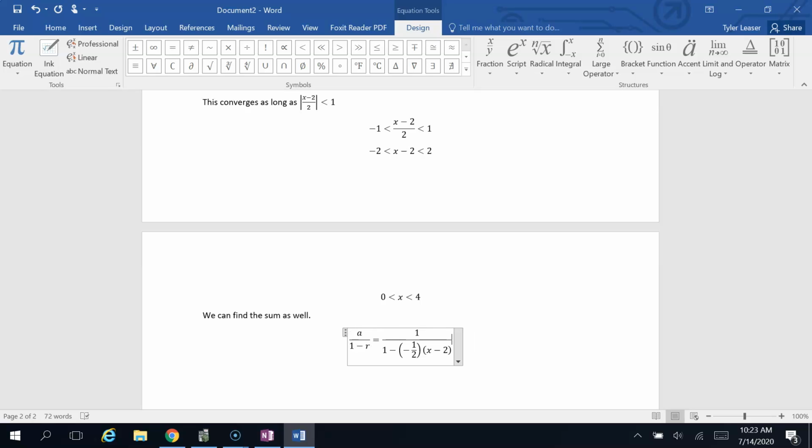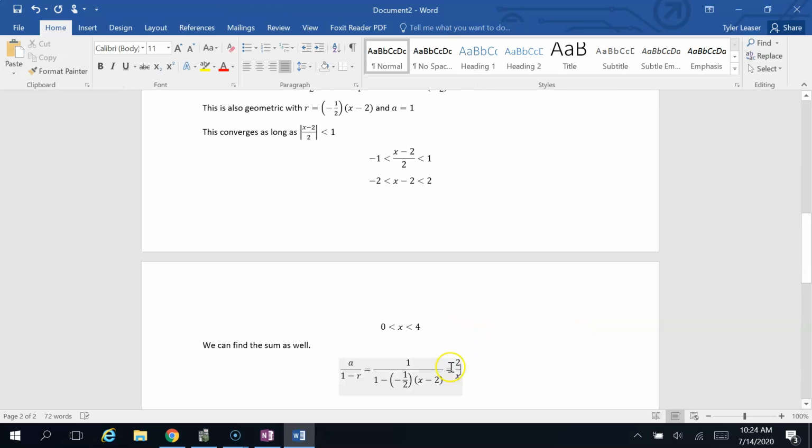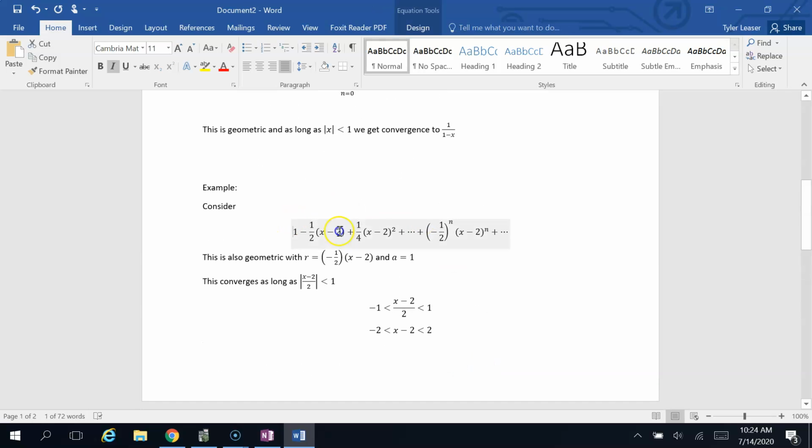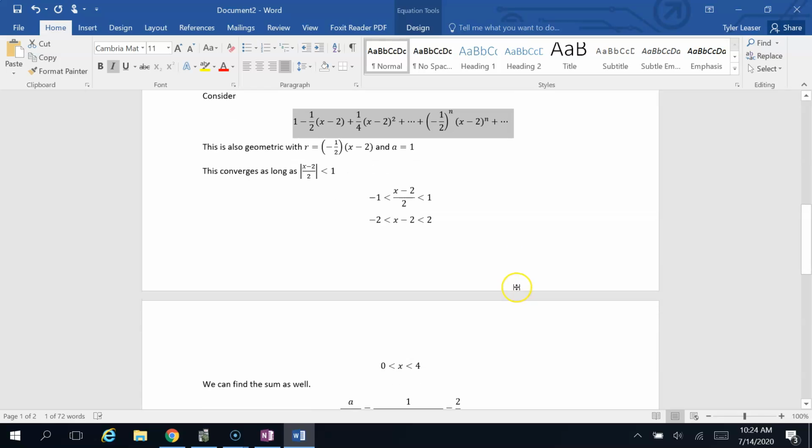Does that look all right? Looks okay. So you can simplify that down a little bit. I'm not going to do the algebra here. Just note that this simplifies down to be 2 over x. So in other words, again, 2 over x is the sum of this awful looking power series.